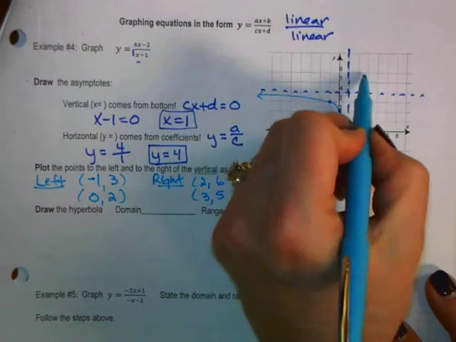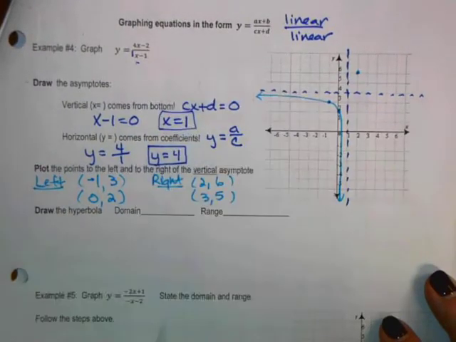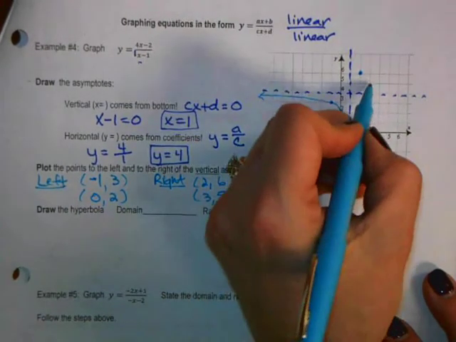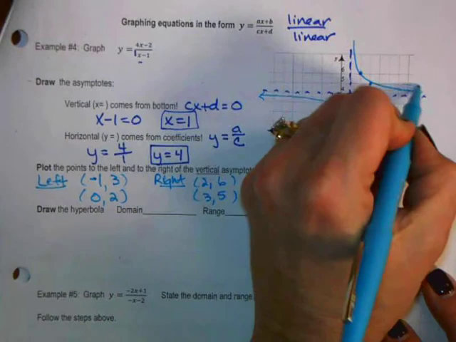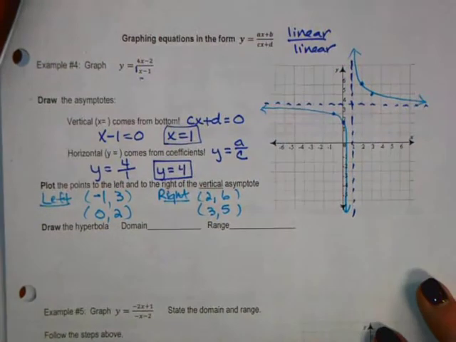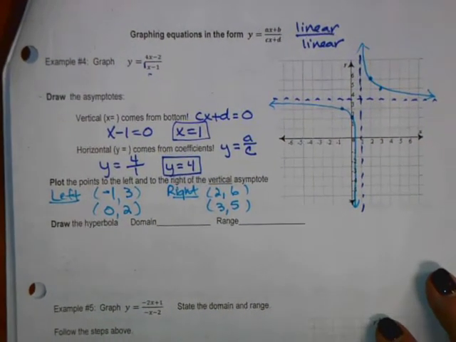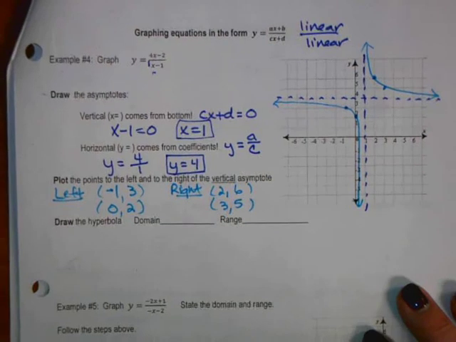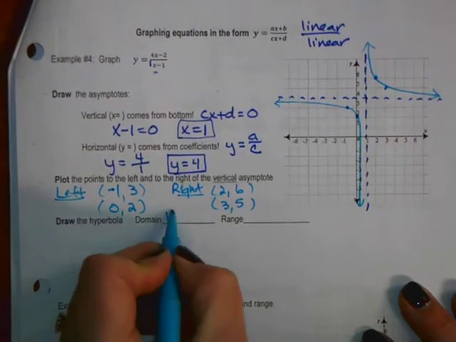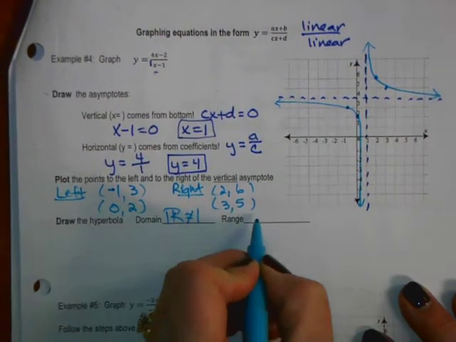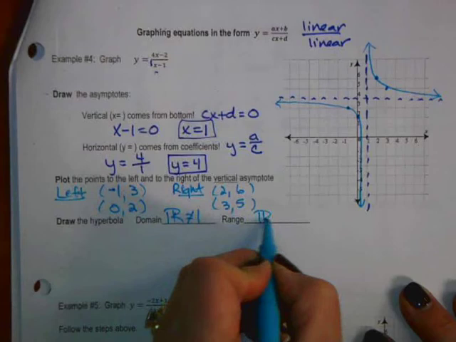Okay. Not so symmetrical, but close enough. All right. Domain is everything but what? 1. And range is everything but what? 4. Okay.